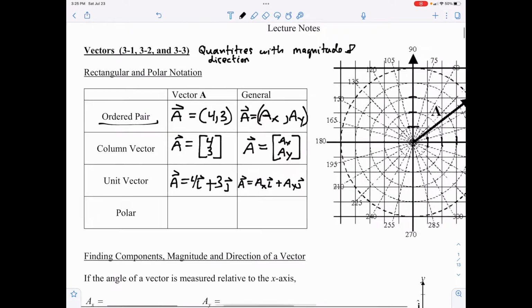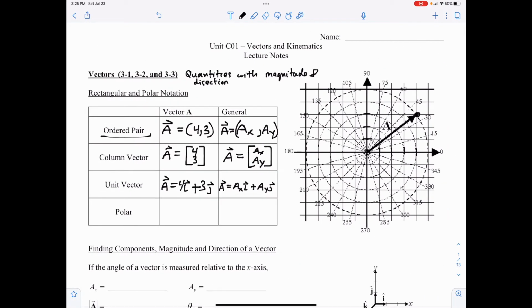Okay, we can also represent vectors as polar coordinates. Since vectors are things with direction and magnitude, we can represent it as the radius vector. In this case, it would be 5. Think about that. For 4, 3, using the Pythagorean theorem, the magnitude of the length of the vector would be 5. So the magnitude of the vector is 5, and it's pointing at an angle of 30-something. Well, what is this angle?